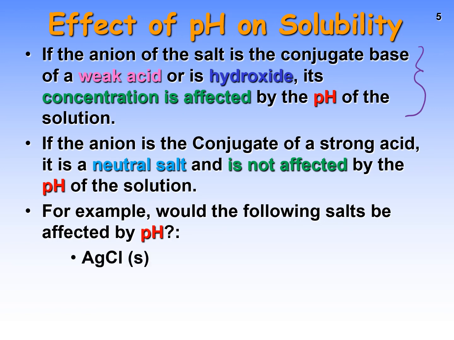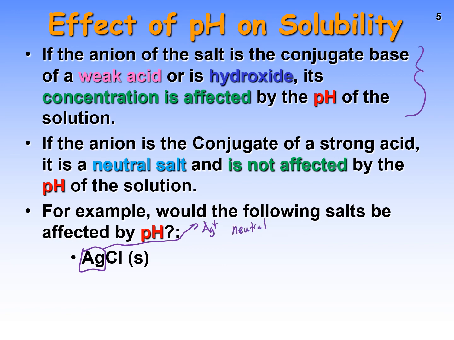So, if we look at AgCl, we need to determine, is this salt a neutral salt, acidic salt, or a basic salt? And that will tell us whether or not the solubility of this salt will be affected by pH. Now, if you remember, we look at the cations first and ask ourselves, is this a neutral or acidic cation? And the answer to that question is Ag+ is neutral.